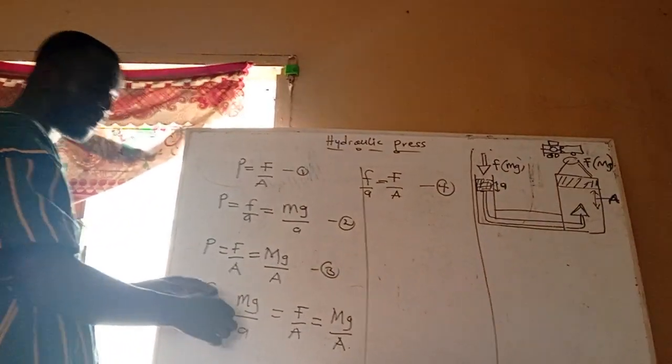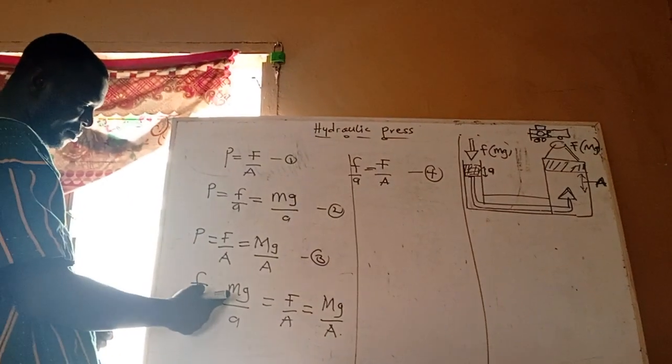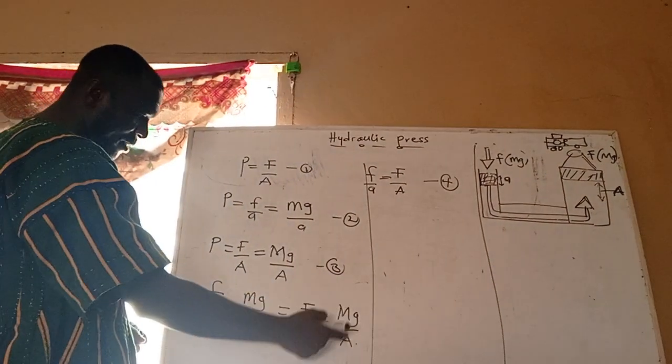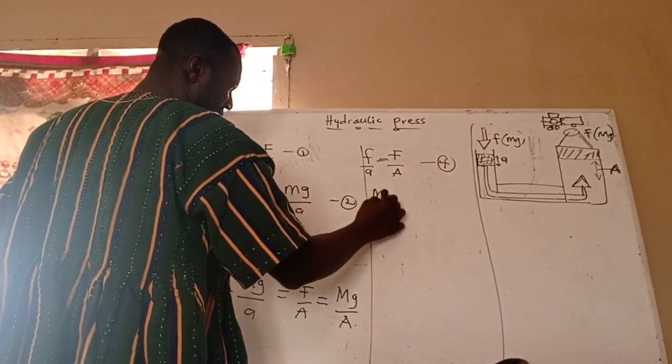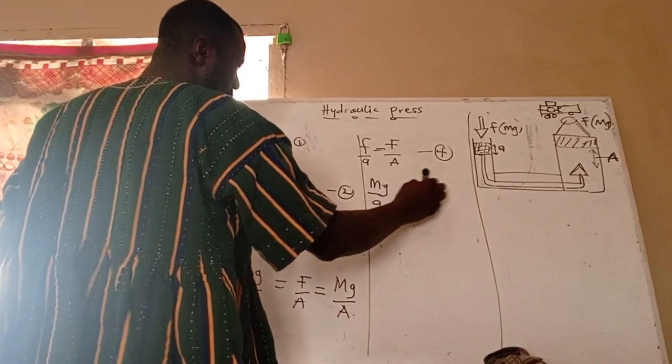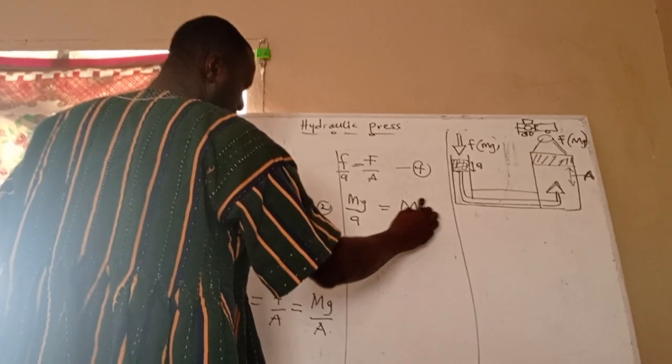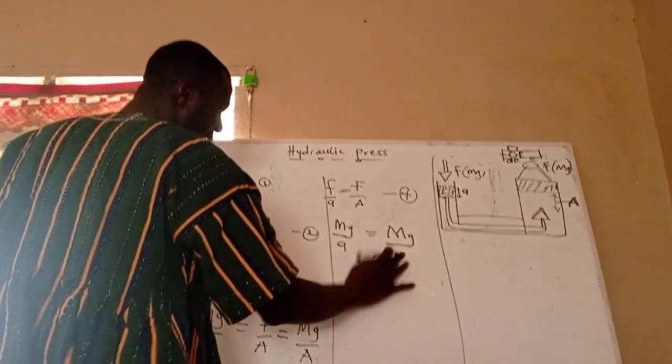Now, we can also see some like terms again. We have small mg against small a, and capital Mg against capital A. So small mg against a can also be equal to capital Mg against A.